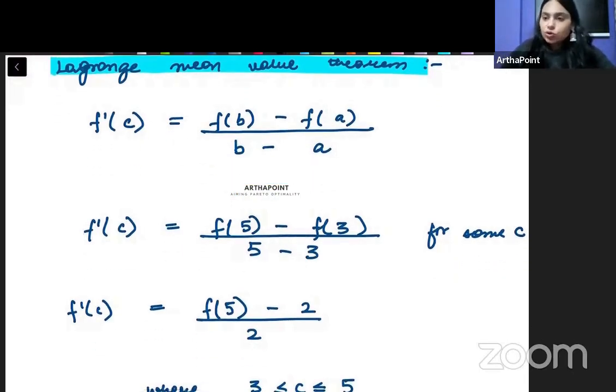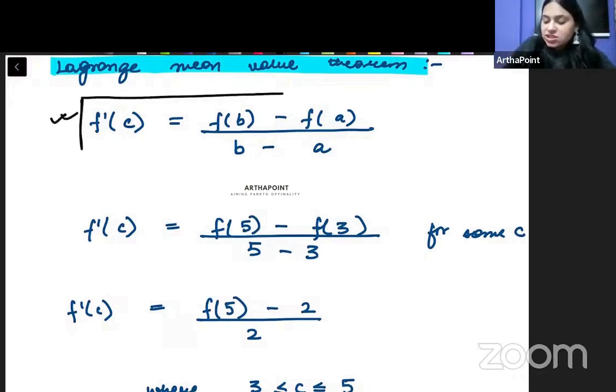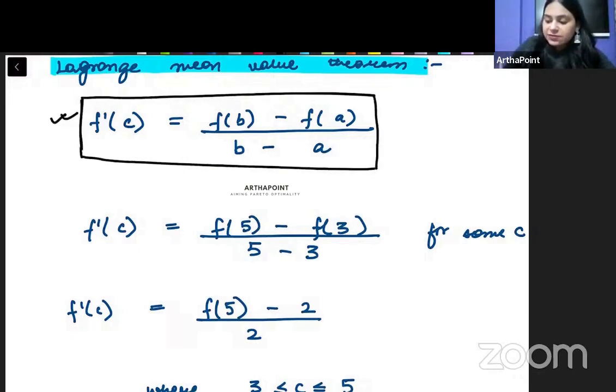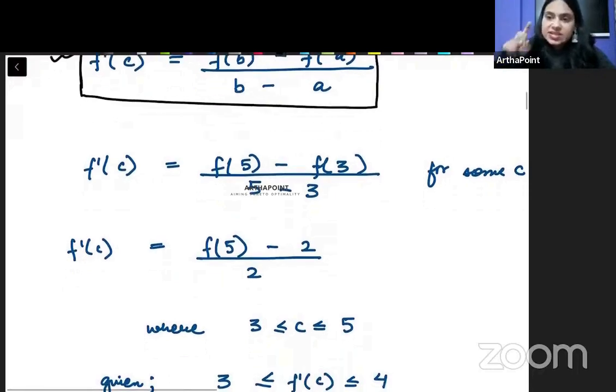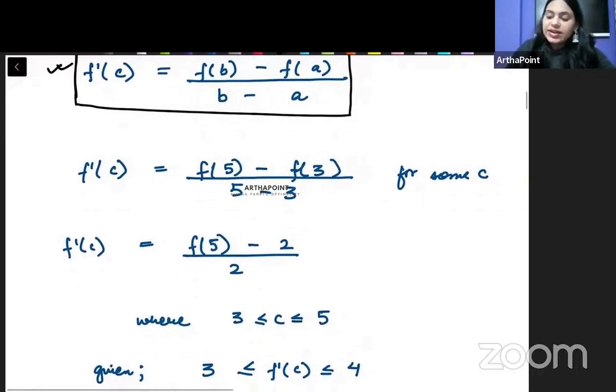The mean value theorem suggests that there exists a C such that f dash C is equal to f of B minus f of A upon B minus A. So this C exists such that f dash C, when you differentiate this function, will be equal to f of B minus f of A upon B minus A.